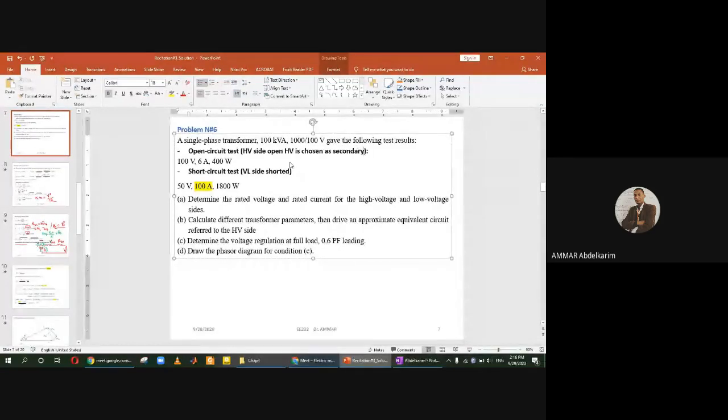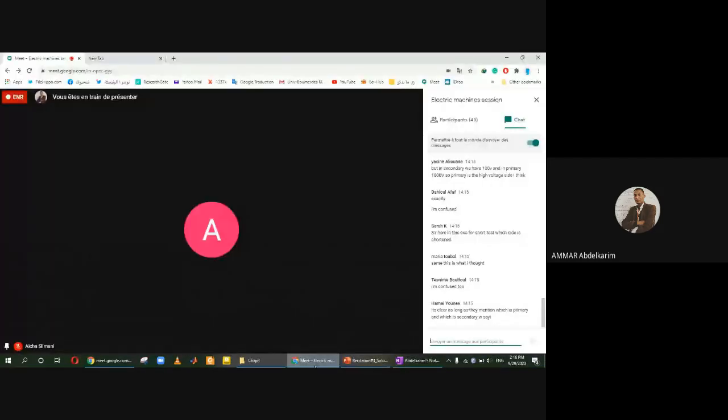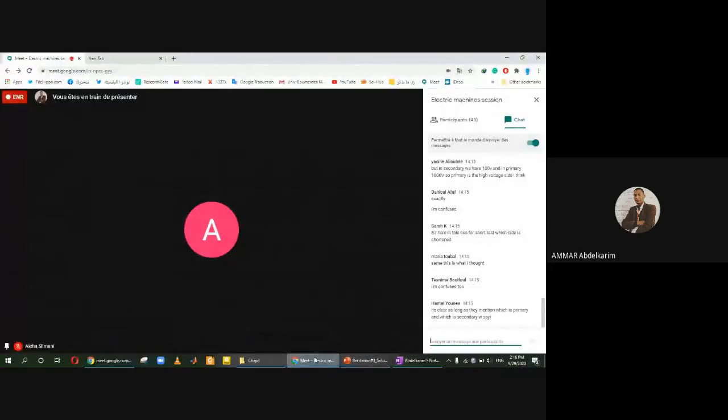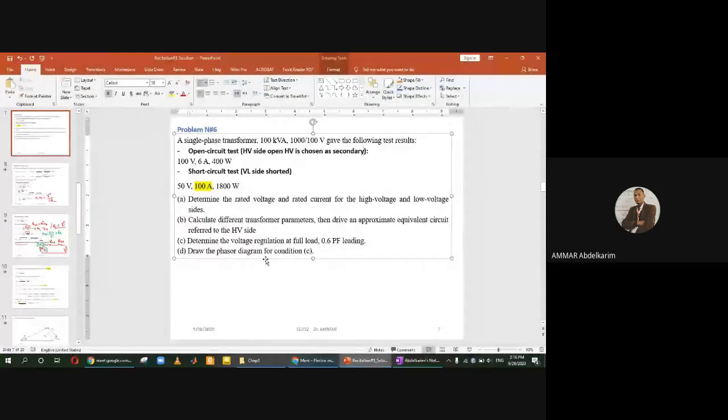Okay, look, it's not that this one must be primary and this one must be secondary. It depends on your transformer, on which side you came from. So here, for example, open circuit test, HV side open, which means HV is secondary because we leave it open.